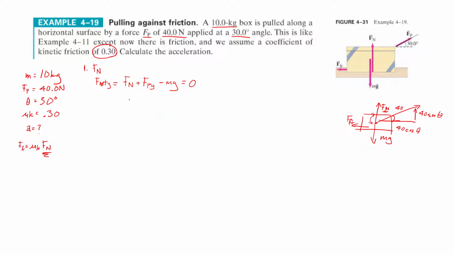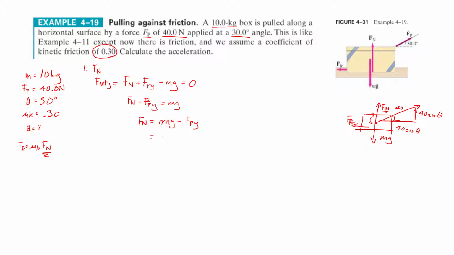That means that F normal plus FPY is equal to mg. That means F normal is equal to mg minus FPY. And now all we've got to do is plug in. I think this is as simple as we could get it.